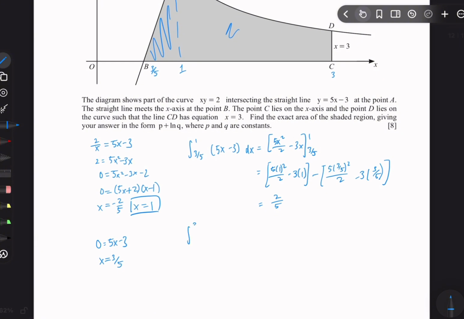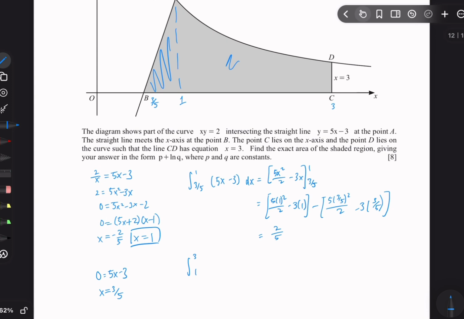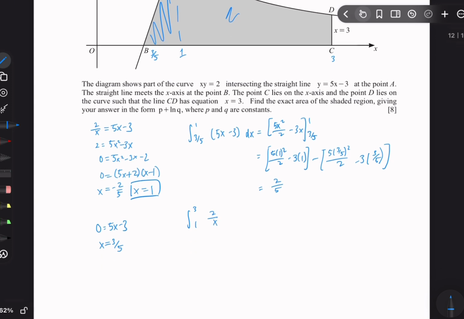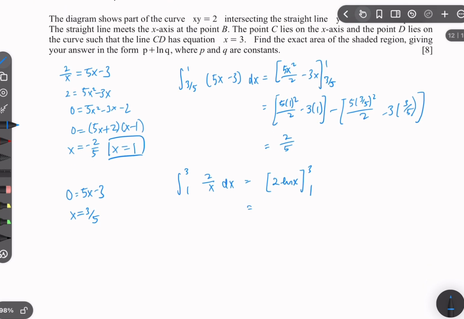Now for the other section, we are using 3 and 1, and we are integrating the curve, which is 2 over x. Integration of this will give us 2 ln x, 3 over 1. And then sub that in. 2 ln 1 will give us 0.